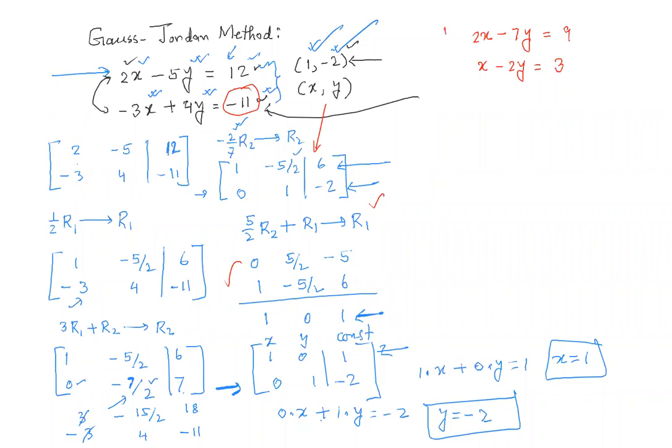This is one problem. Practice it. Okay. Number 2, 4x plus y is equal to 9. Negative 2x plus y is equal to 3. Okay.